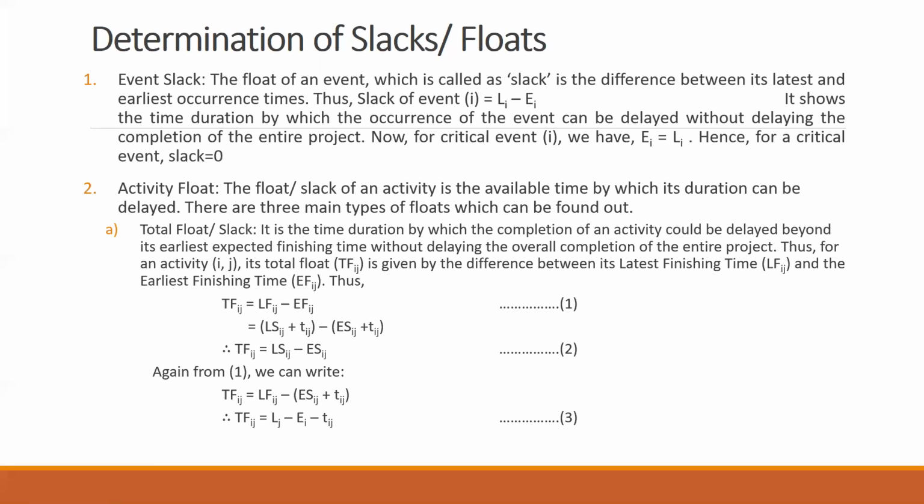The third formula where we use Lj minus Ei minus tij. Lj is your latest finishing time for j, minus the earliest starting point or finishing point, any one of them, so the earliest occurrence time of i, minus the duration.